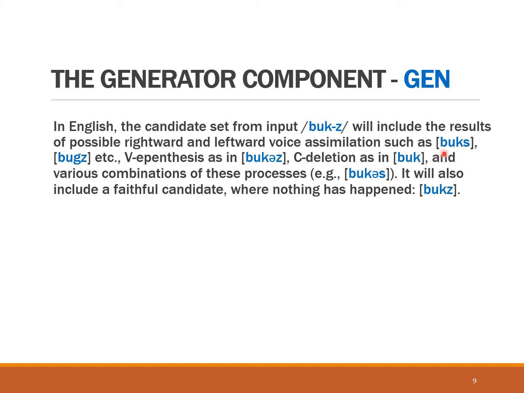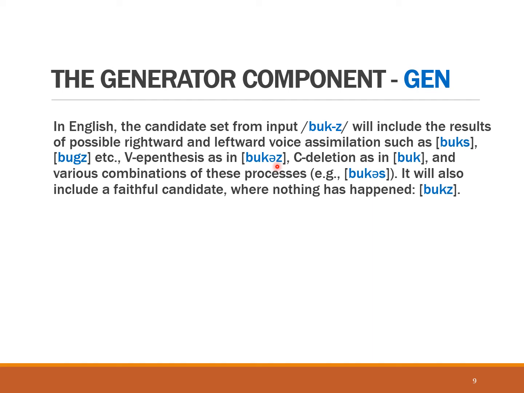But the possible candidates are generated in a way that both k and s are agreeing in terms of voicelessness. The second candidate agrees in terms of the voiced part, so g and z both are voiced. Then another candidate is generated by epenthesizing or inserting a vowel, by not saying books but bookas.